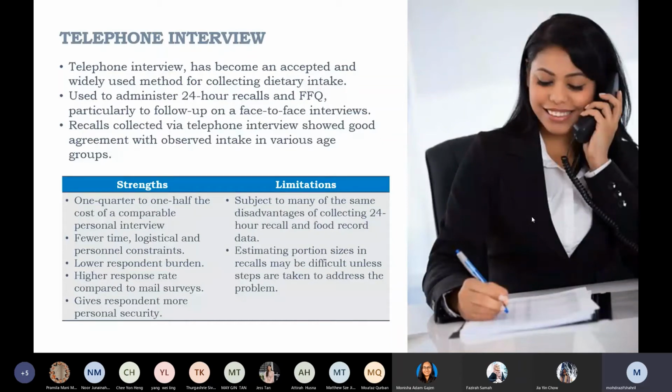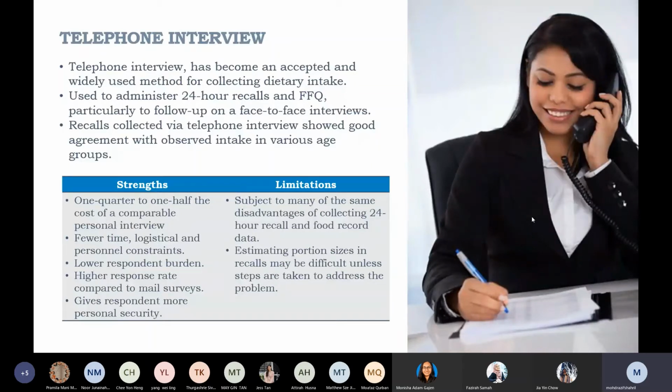But there are, of course, some limitations. It is subject to many of the same disadvantages of collecting 24-hour recall and food records, because it's still an interview, and estimating portion sizes, especially in a telephone interview, might be difficult because you cannot actually see or show the models, or show the sendok, cawan, pinggan, and so on.